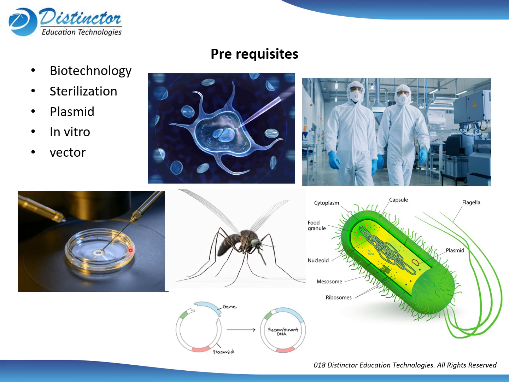Then the next one is a vector. A vector is something which is used to carry one gene or one DNA from one place to another place.